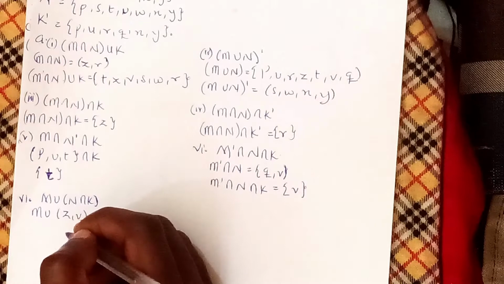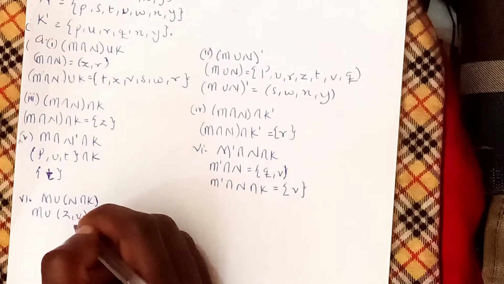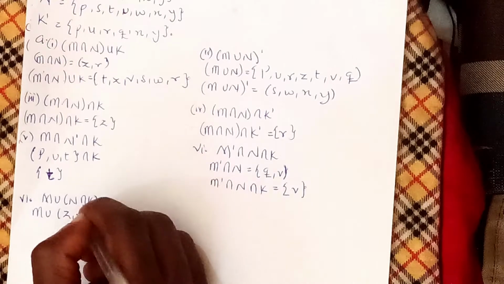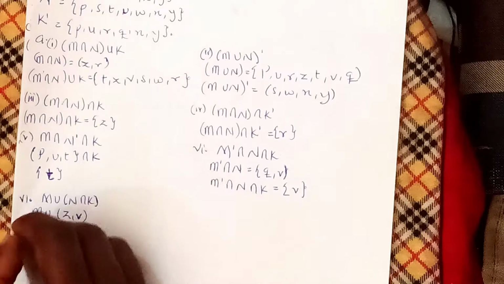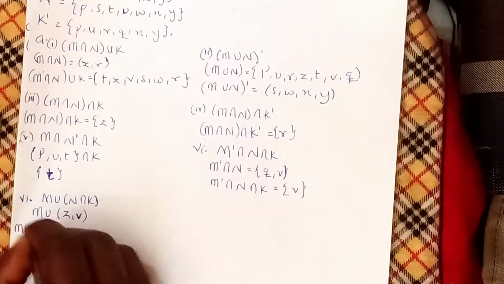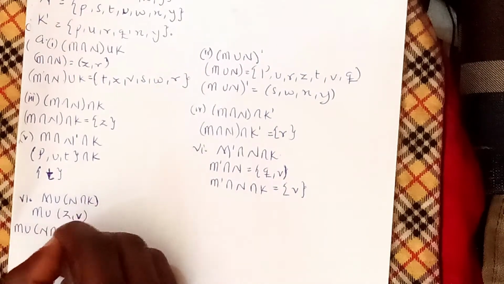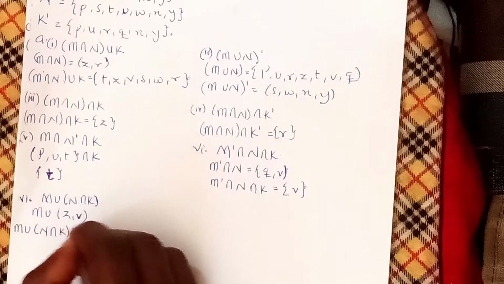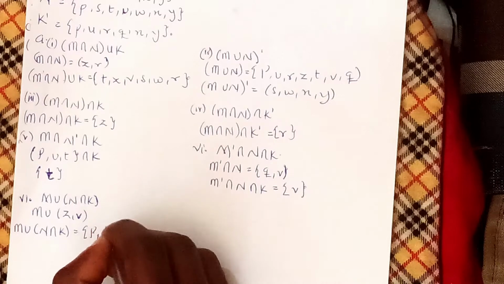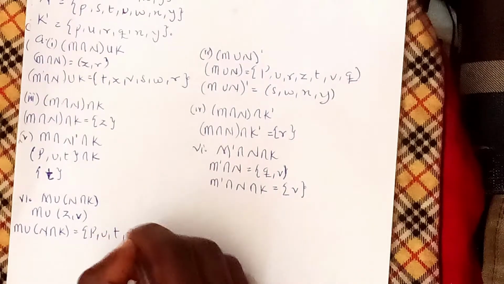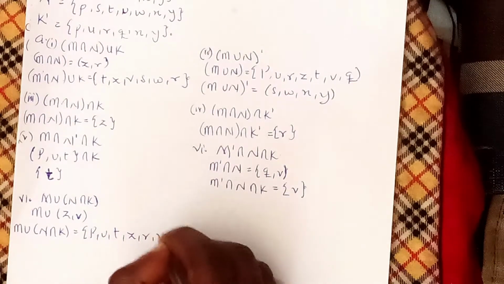Since we are uniting it with that of M, we have to add the Venn to the members of M, since M has a Z already. So M union bracket N intersection K equals P, U, T, Z, R and Venn.